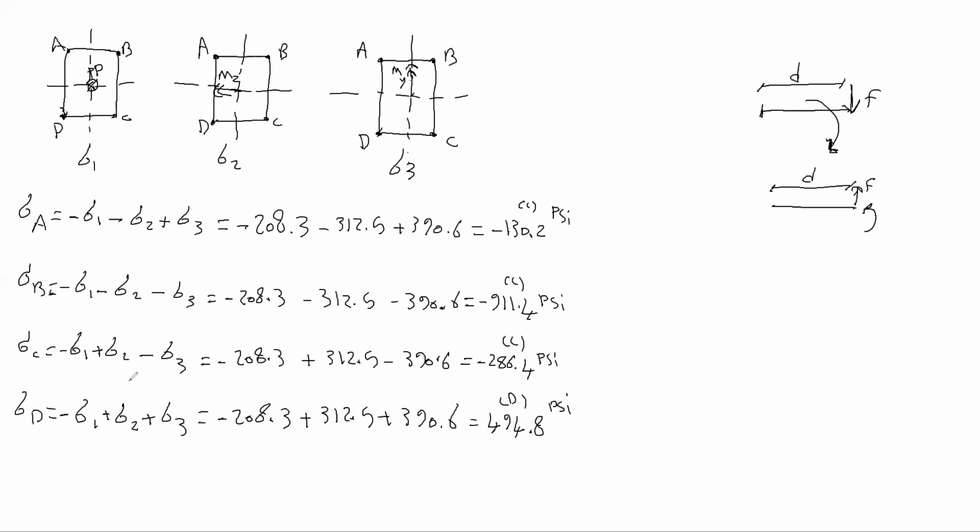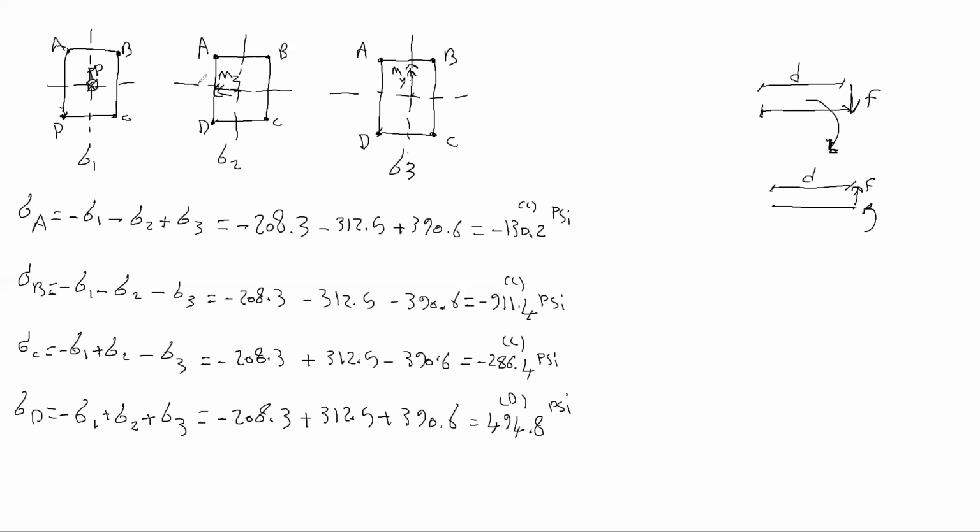And then C and D is positive. Now put your thumb in the direction of MY. Then the other four fingers compress points B and C. Therefore, the sign for B and C would be negative, right?